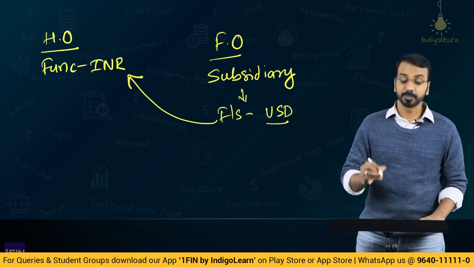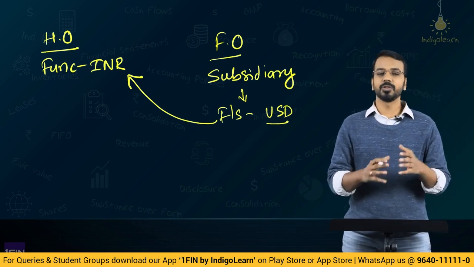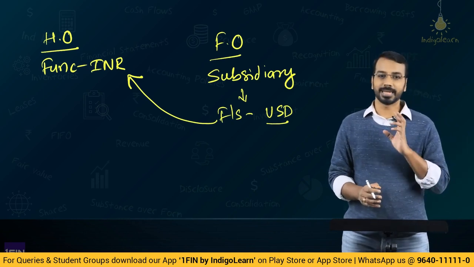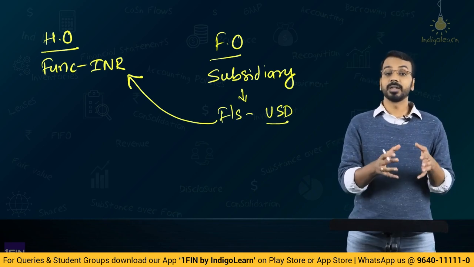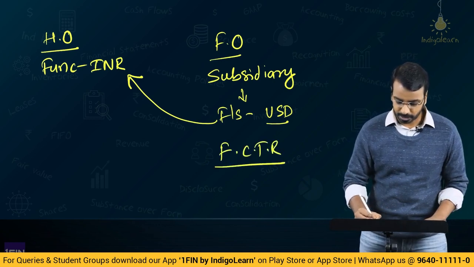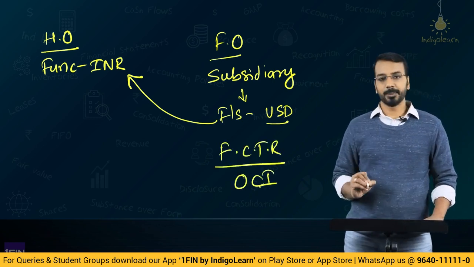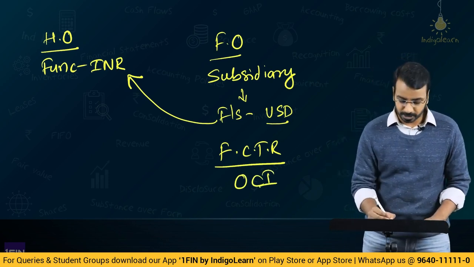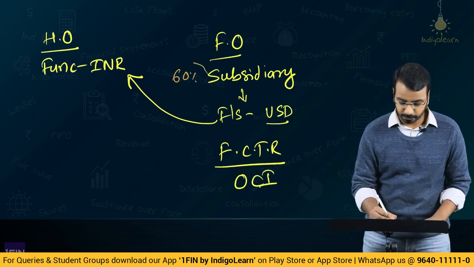This is what you have understood. And the P&L items will be converted using the date of the transaction. And because of this, there would be a difference that would arise and we will accumulate that as foreign currency translation reserve under the OCI. Okay. Now, assume for a moment this subsidiary is only a 60% subsidiary.